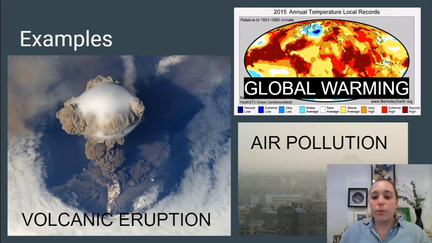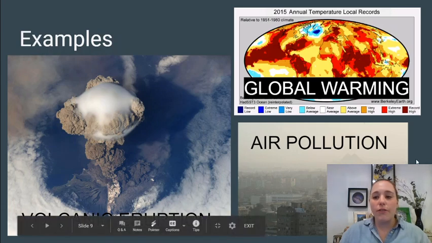And then we have air pollution, which kind of goes back to my previous example of the peppered moth. Certain animals are going to adapt to this air pollution because the environment is going to actually be covered with a layer of grime. But you can even see in this picture that visibility is altered when you have a lot of air pollution.